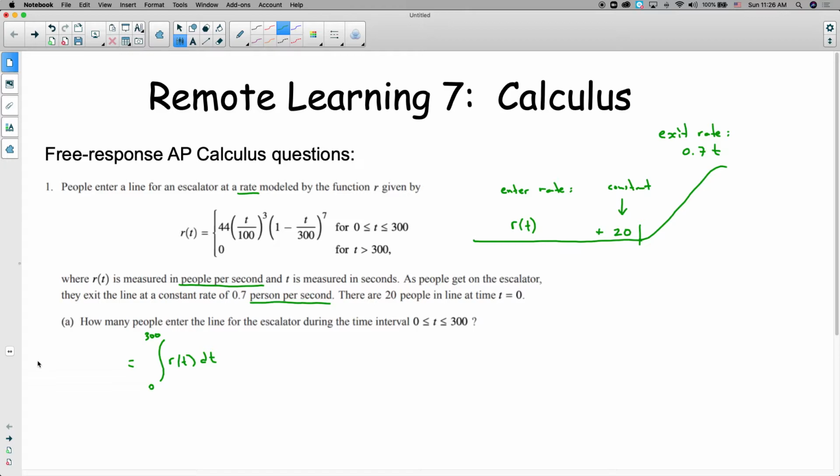So that's the total number of people entering the line. So that is something that you can type into a calculator. Now, that's a really complicated function to type into a calculator, but we'll get into that in just a minute.